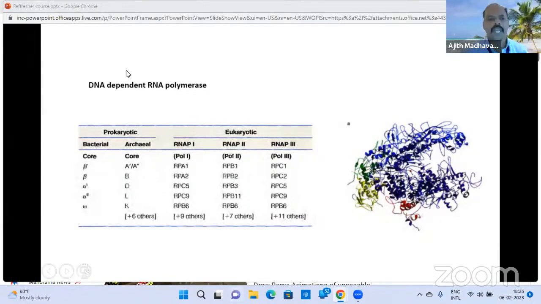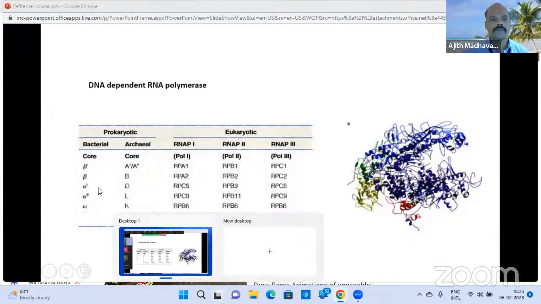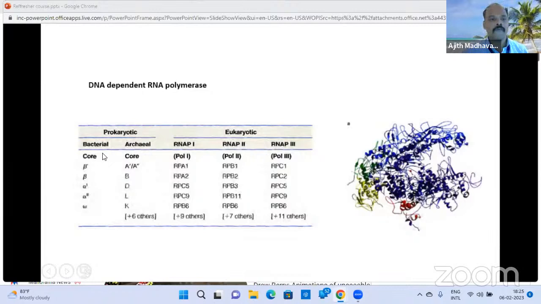They come in different varieties with regard to prokaryotes and eukaryotes. In the case of bacteria, it is made up of a beta-dash protein, beta, alpha, and so on. There are different types. Likewise, in the case of archaeal proteins, you have different types.